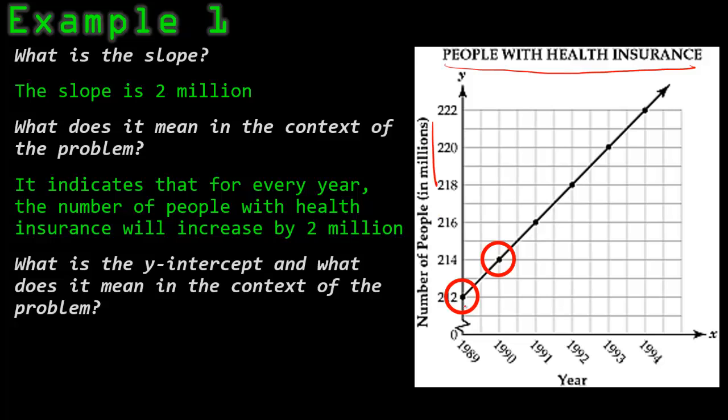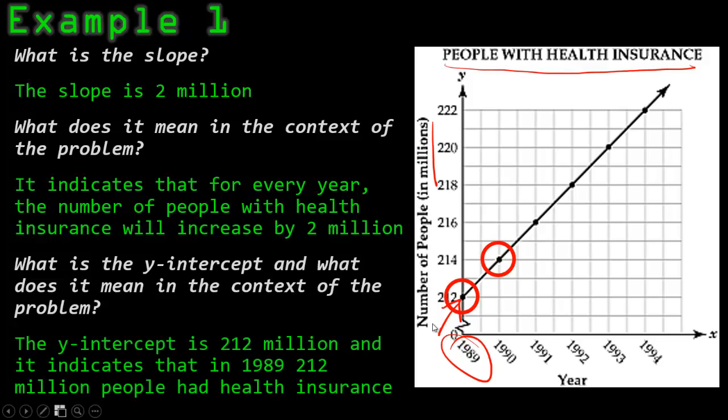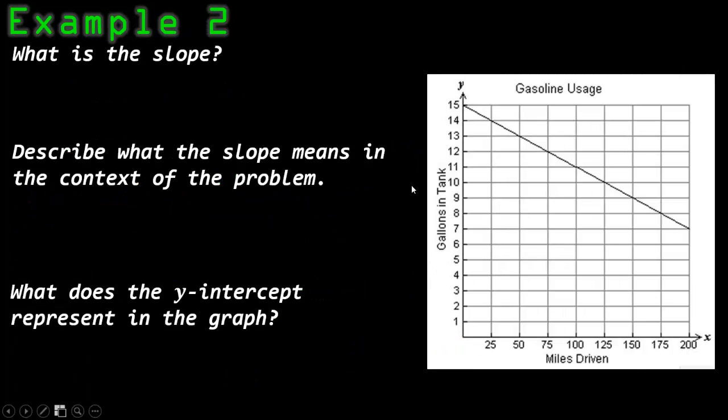It intersects it right here. If you just look at the year that's on the y-intercept, which is 1989, it means that in 1989, there were 212 million people who had health insurance, and the y-intercept itself is 212 million. You've got to make sure you put that. You can't say 212. Make sure you're paying attention to the units.